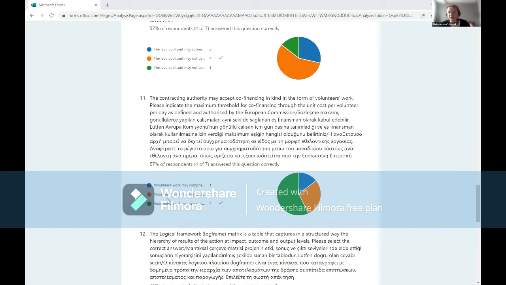So if you're planning in your project to have 10 volunteering days and you want that to be your contribution to the project, this can be monetarized. It can be recognized as a financial contribution. And in this case, it's going to be 780, regardless of whether you think these volunteers are worth more or less, because we are not talking of any payments here, but only of valorization of work. You will need to plan this rate, this 78 euro rate per day, for any volunteer in your budgets.